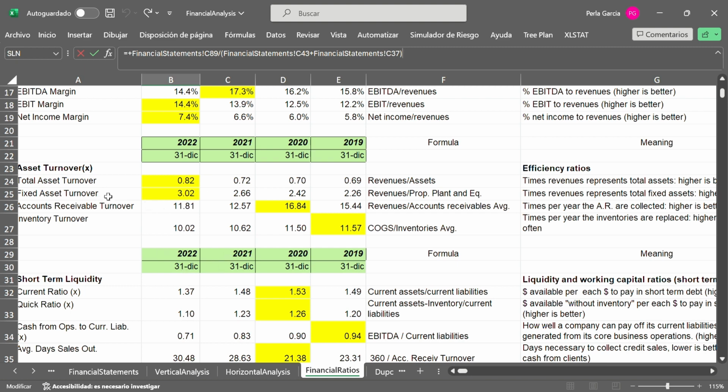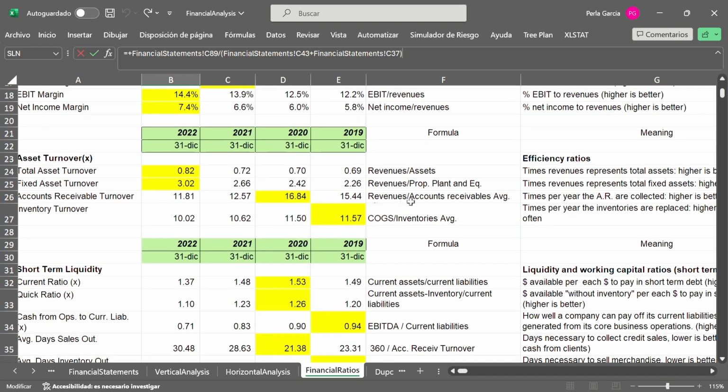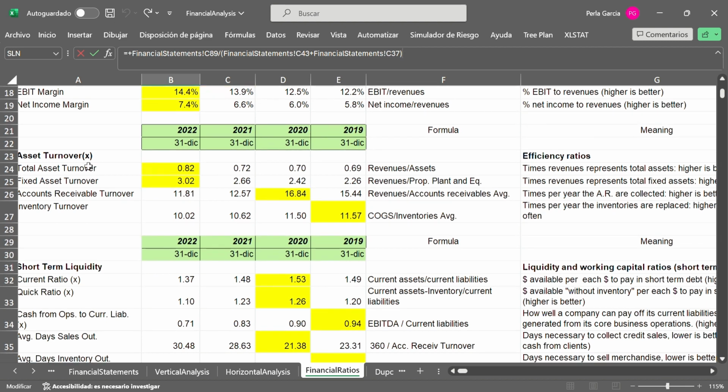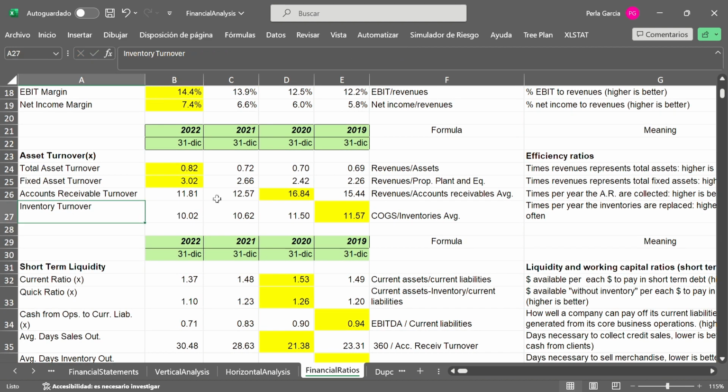Then the fixed assets, the property, plant, and equipment: what times of revenue represent total fixed assets. Here the highest is in 2022 with 3.02 times. The next one is the accounts receivable. The accounts receivable and inventory are part of the working capital.